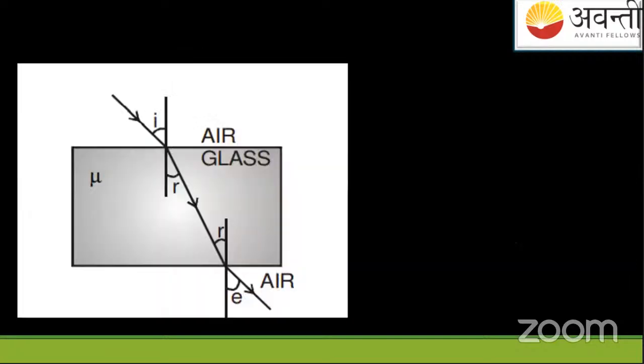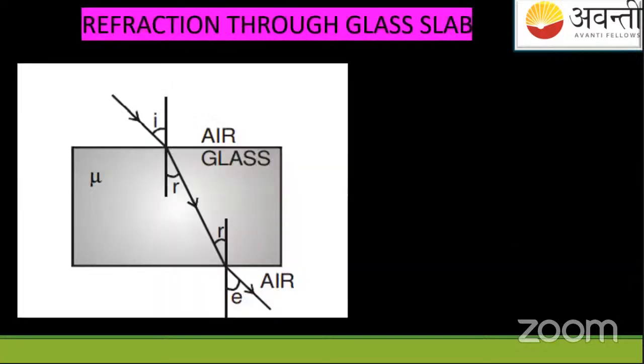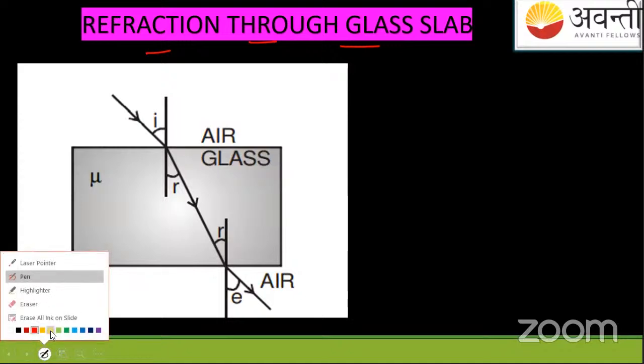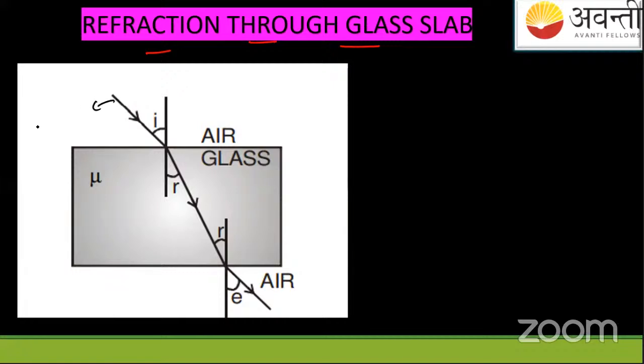Now let us see this topic, that is refraction through a glass slab. If you see here carefully, this is known as the incident ray, and this is known as the emergent ray.